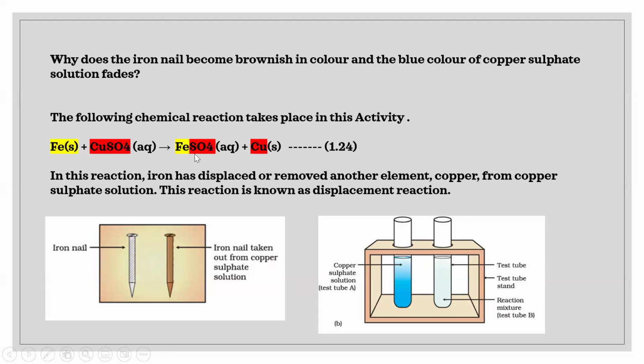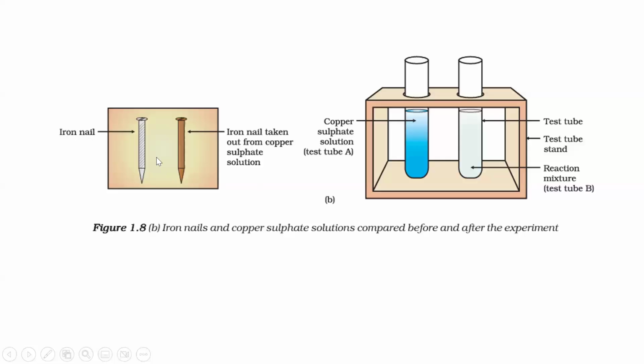So iron displaces copper from the copper sulfate solution and the copper is getting deposited on the iron nail. This is the reaction taking place. That's why here we can see a reddish brown color. The color of copper is reddish brown, so the iron nail is changed to reddish brown color.